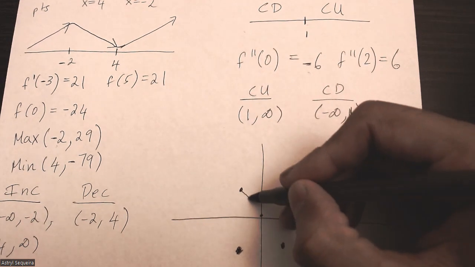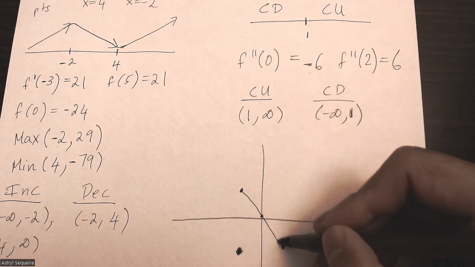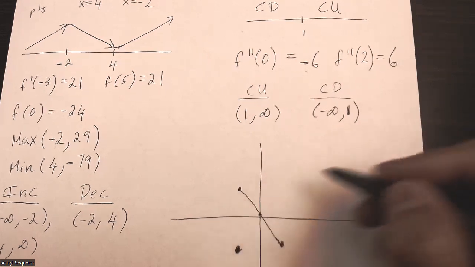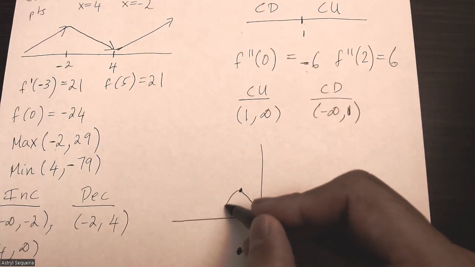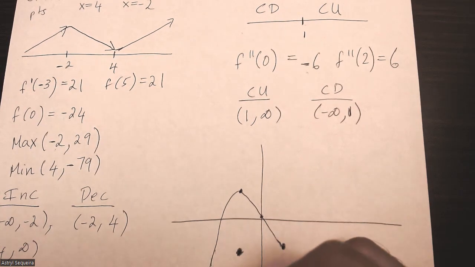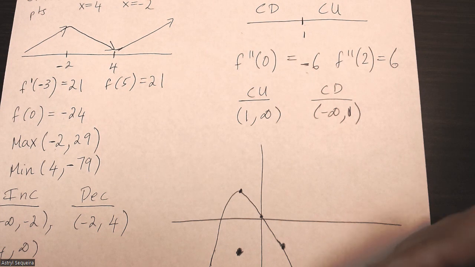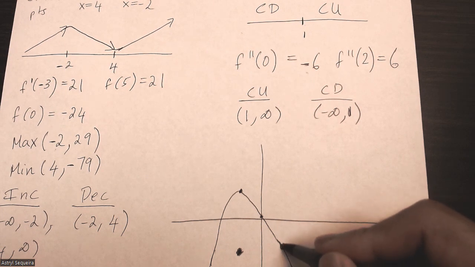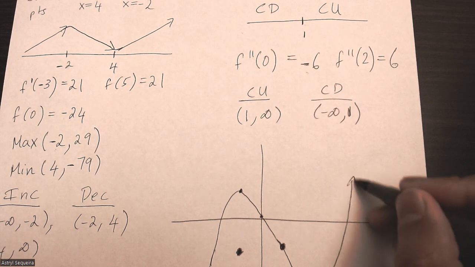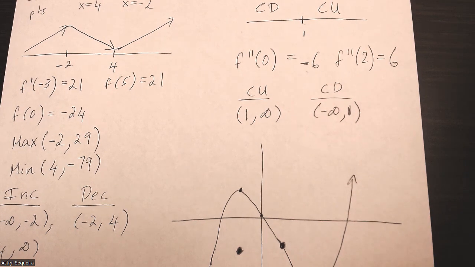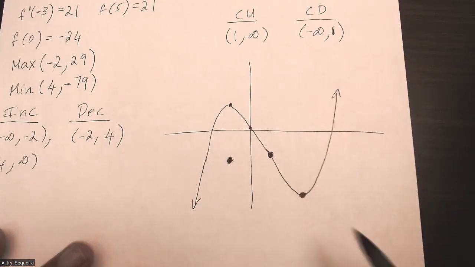And now I can just draw my graph. So that is all going to be concave down, from 1 till this is all concave down basically. And then this is going to turn concave up after this point over here, and it's going to be concave up till the end, and then the increasing and decreasing will follow along with your maximums and your minimums.